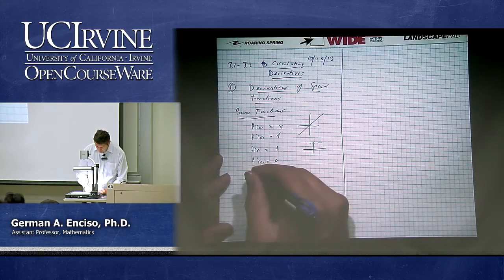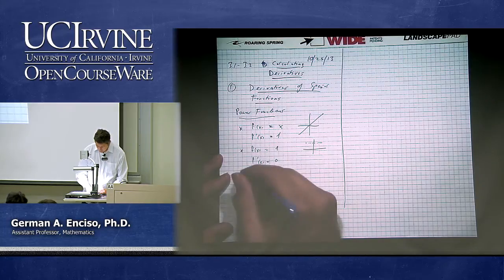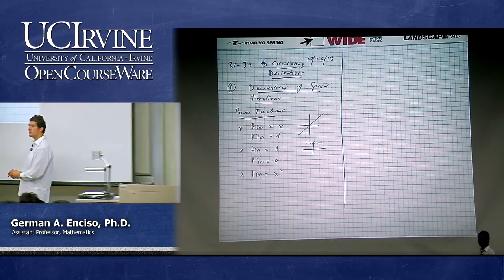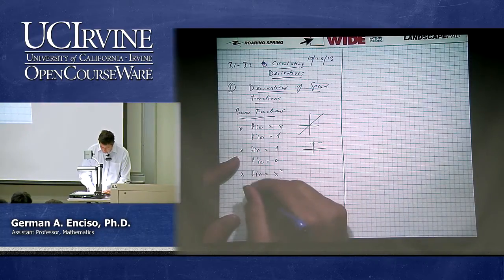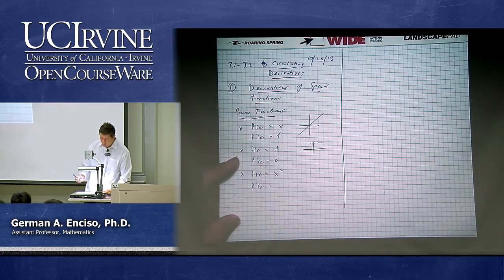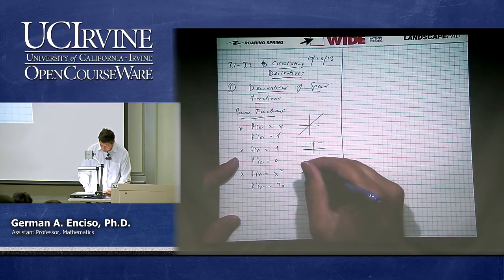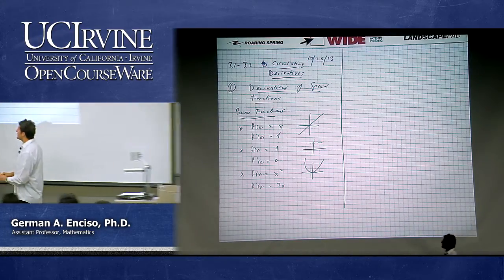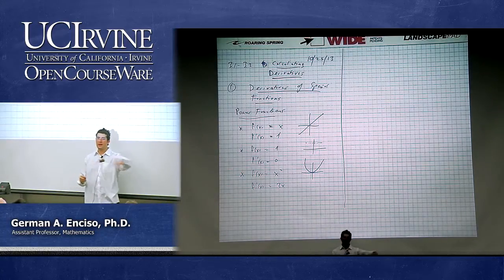Okay, so what about f of x equals x squared? 2x. Okay, the derivative is 2x. How do you know? Well, we actually did this before. So the derivative at 0 is equal to 0. You can see that the function is flat.